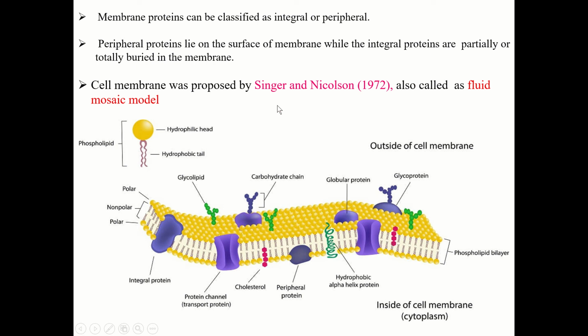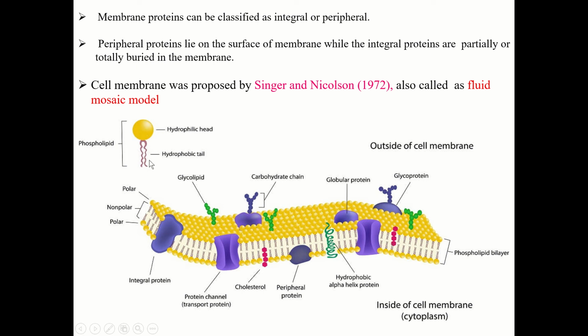The cell membrane model was proposed by Singer and Nicolson in 1972 and is also called the fluid mosaic model. This is the structure of the cell membrane, and you can call it by three names: cell membrane, plasma membrane or fluid mosaic model.